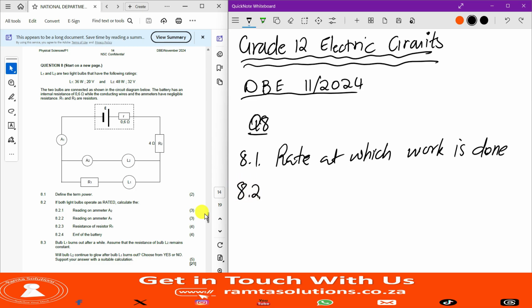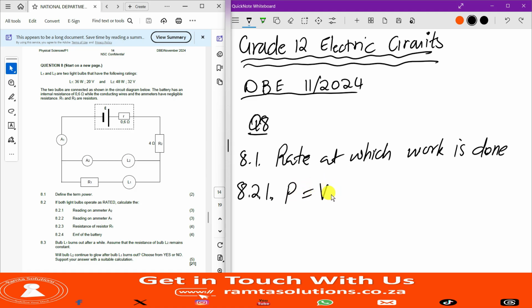8.2, if both light bulbs operate as rated, calculate the reading on ammeter A2, 8.2.1. So we're looking for the reading on ammeter A2. What we know is we can use power formulas.